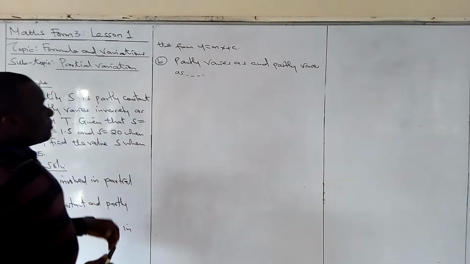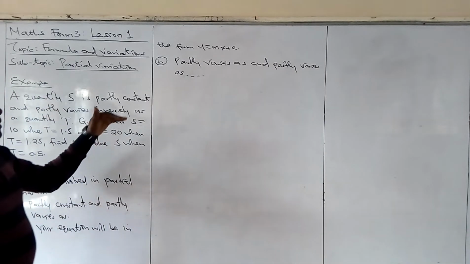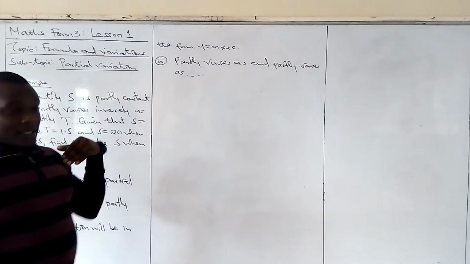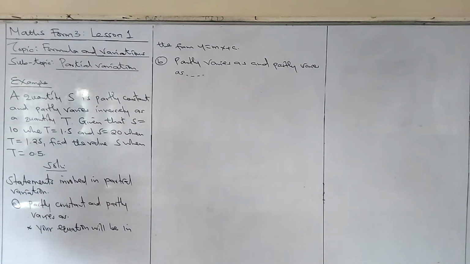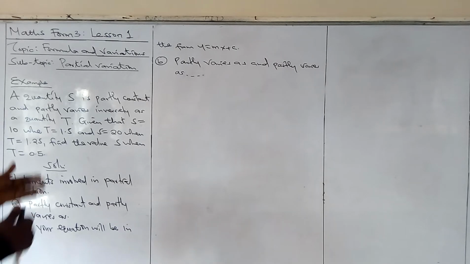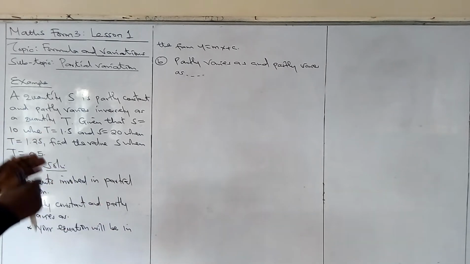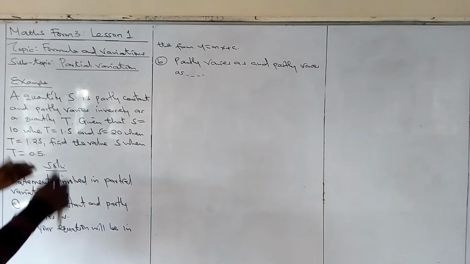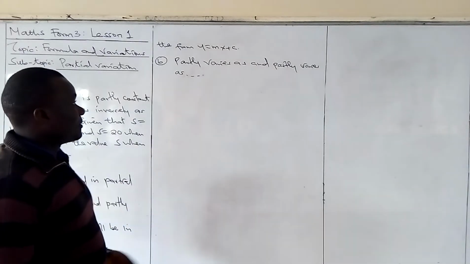So for example, you can be told that x is part varies as a quantity y and part varies as a quantity z.